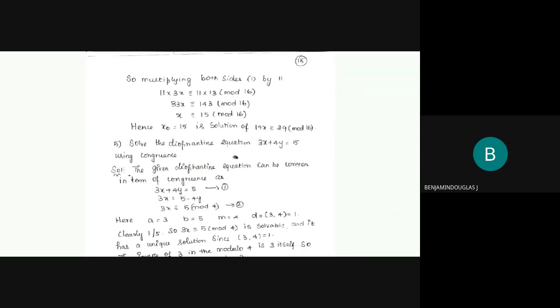Throughout, the linear congruence is multiplied by 11. So you get 11 into 3x, that is 33x. The right hand side is 11 into 13, that is 143, under mod 16. Now 33 and 143 are more than the mod value. Therefore both can be divided by 16.